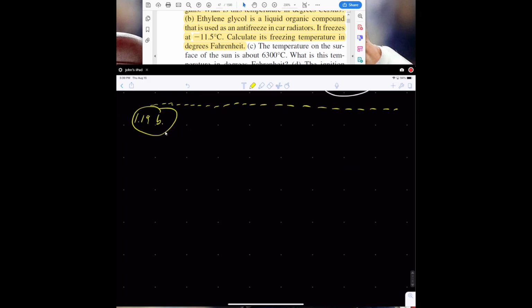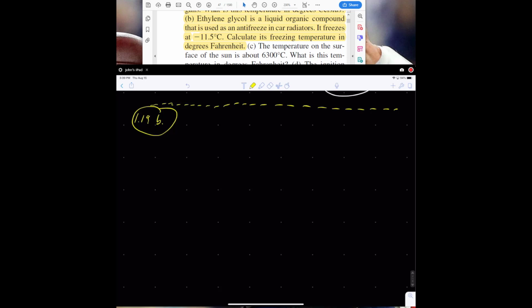Part B states ethylene glycol is a liquid organic compound that is used as antifreeze in car radiators. It freezes at negative 11.5 degrees Celsius. Calculate its freezing temperature in degrees Fahrenheit. Alright, so simply we're going from degrees Celsius to degrees Fahrenheit.